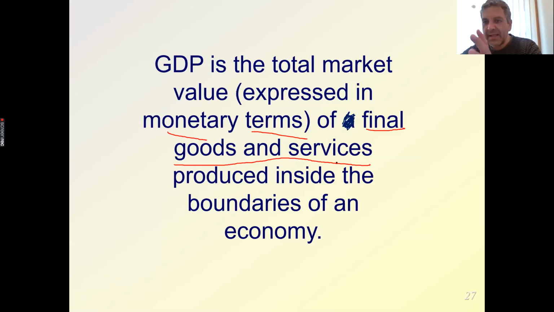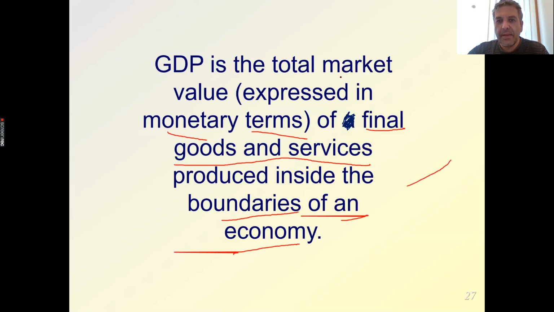We're talking about the final value of the computer that is ready to be sold. Produced inside the boundaries of an economy. So almost everything here is important to underline because we're talking here about inside the boundaries of a country, okay? So the GDP of China takes into consideration everything that's been produced inside China or all Chinese territories, as politically they define the country of China.